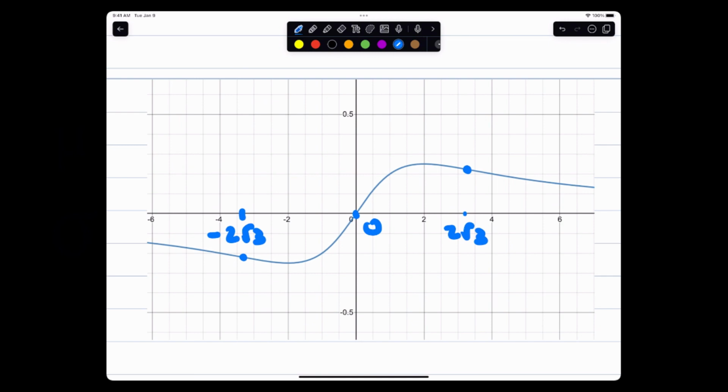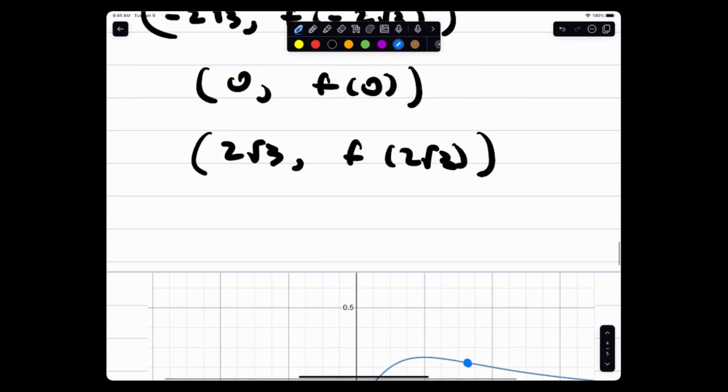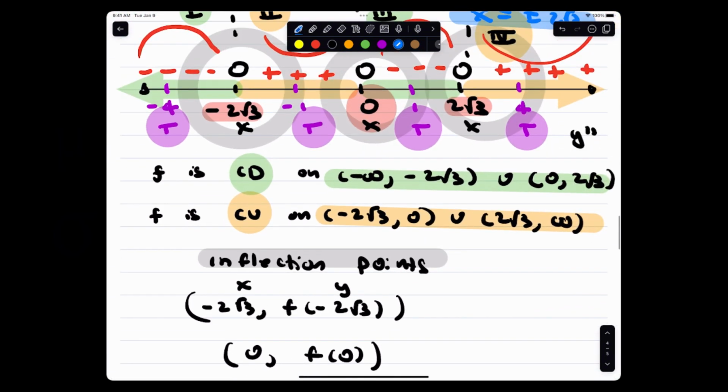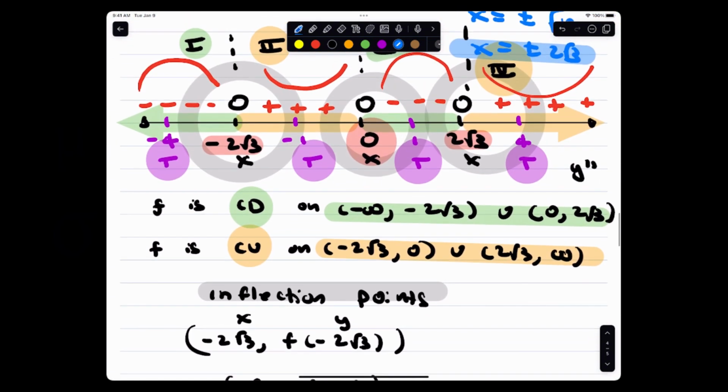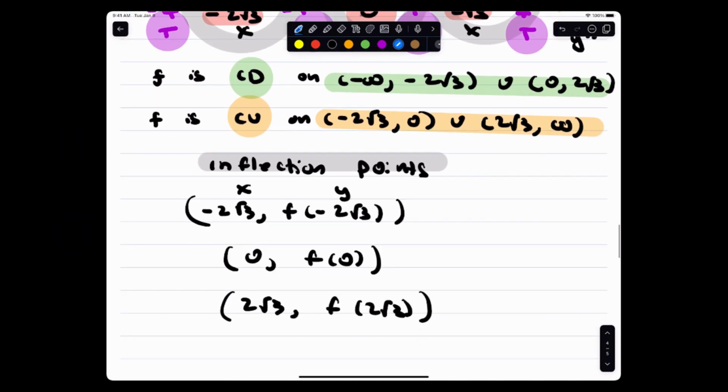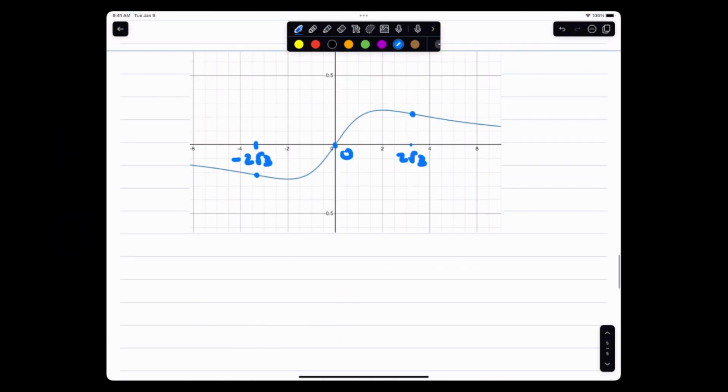Okay, so let's go back to our answers here. What do we say about this? This is where it's concave down, and then that's your inflection point, concave up. This is what they want you to see.